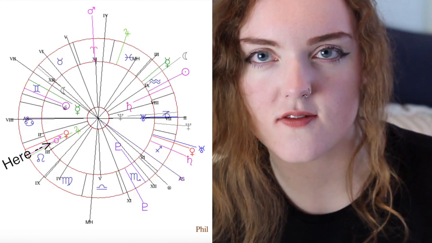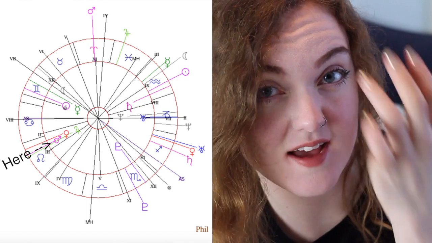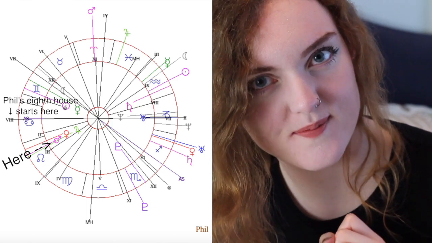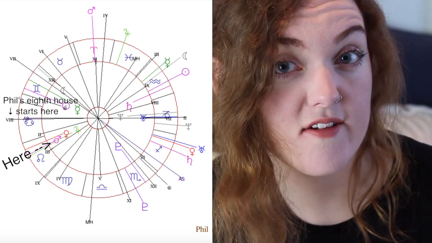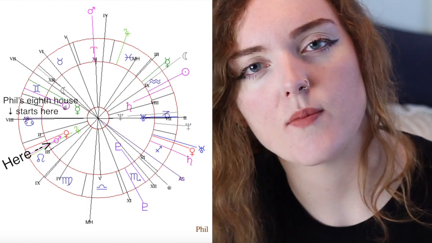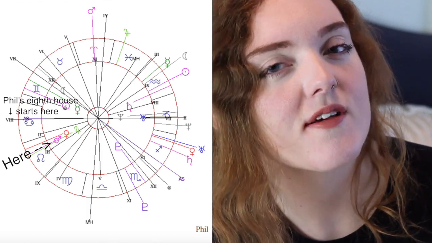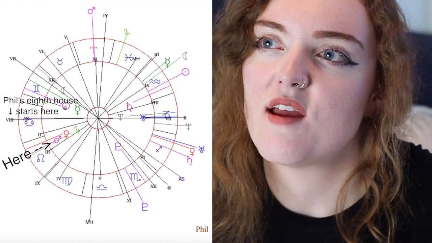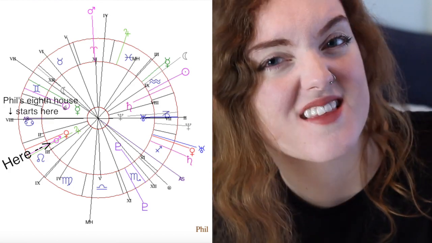So Dan's Mars, Venus and Jupiter, if I get any of this wrong, please tell me in the comments, are in Phil's 8th house. Now that, my friends, is interesting. Each of the houses, even if they're not in that sign, represent one of the signs in the zodiac. The 8th house is represented by Scorpio, and Scorpio is a secretive, dark sign.